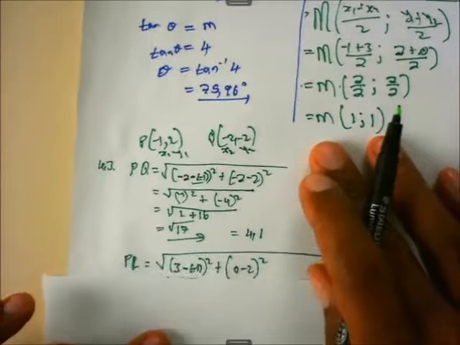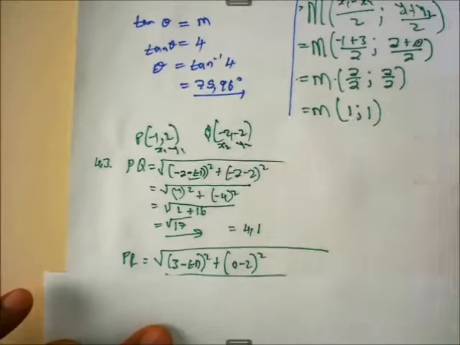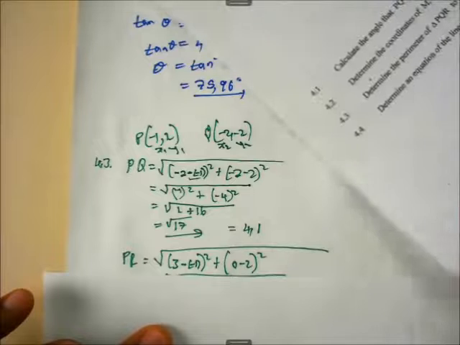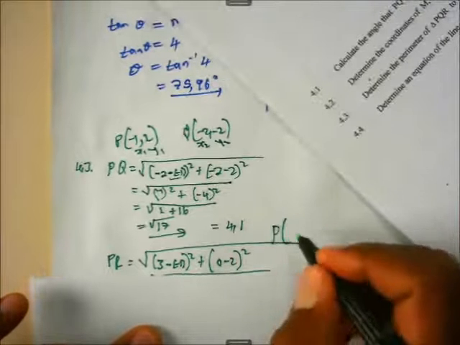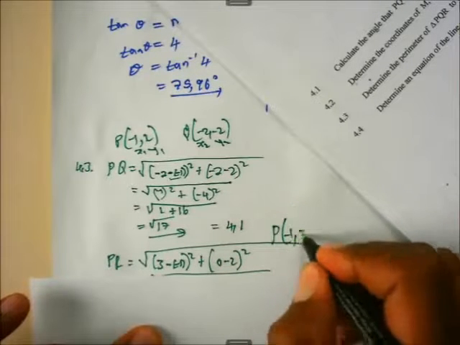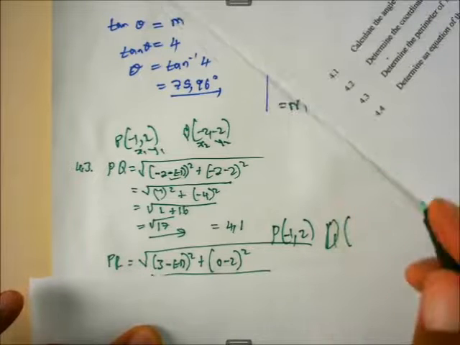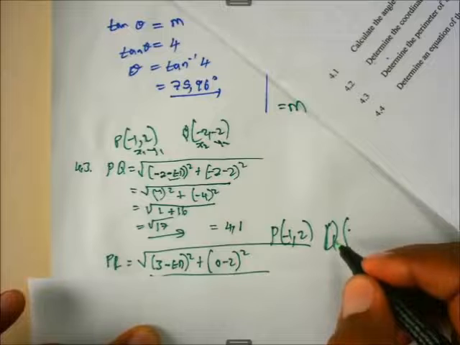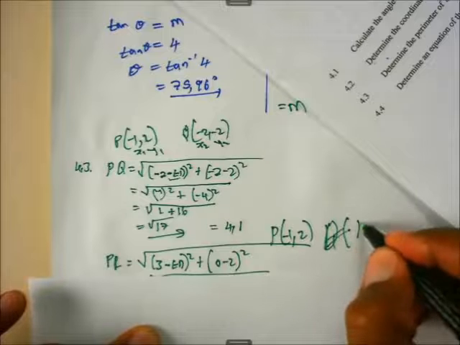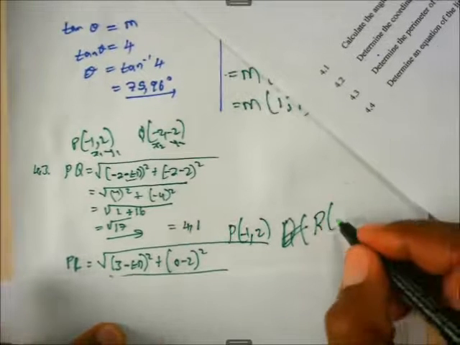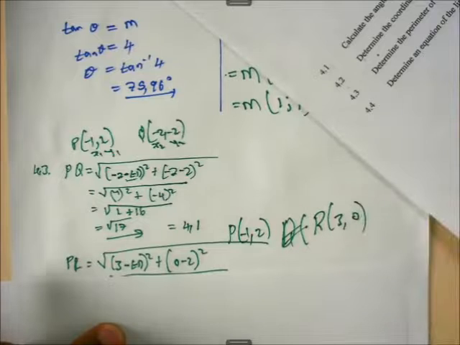Now, what about PR? The coordinates of P are minus 1 and 2, and the coordinates of R will be 3 as well as 0.